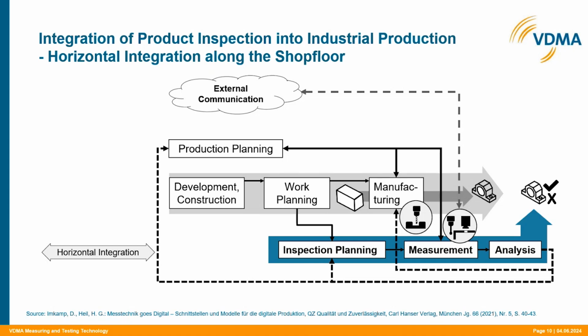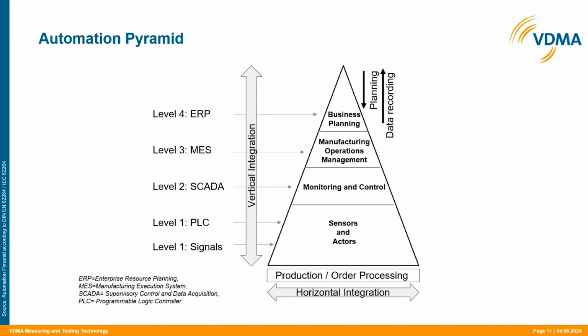But of course, there's not only the horizontal integration along the factory shop floor. There's also some kind of vertical integration. This is a picture which most of you are quite familiar with, I guess.